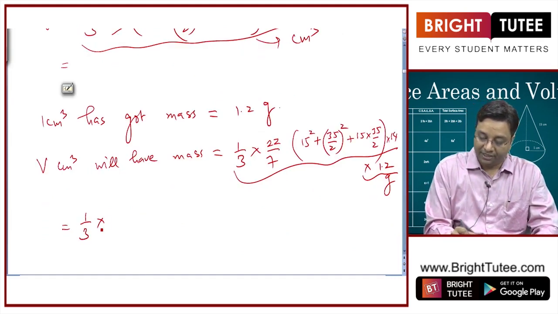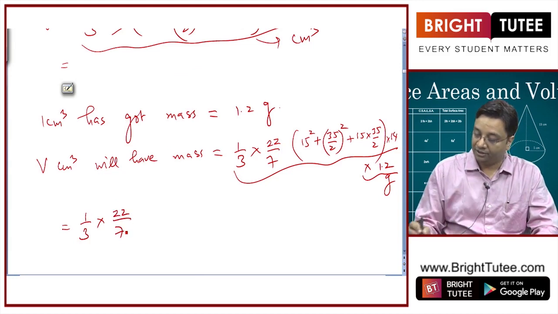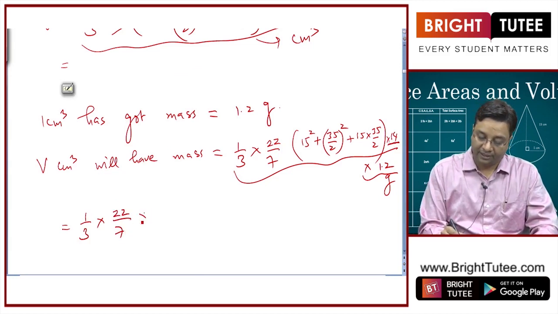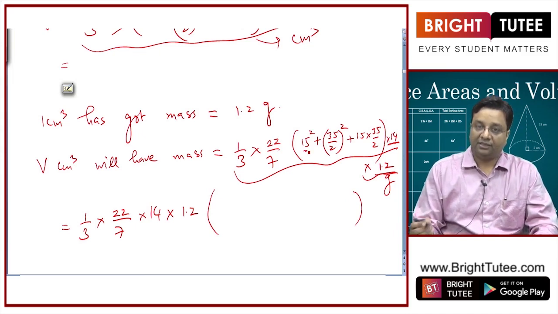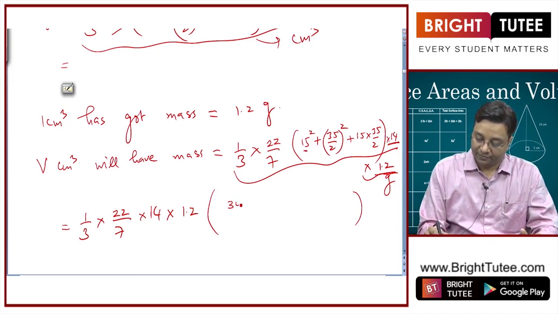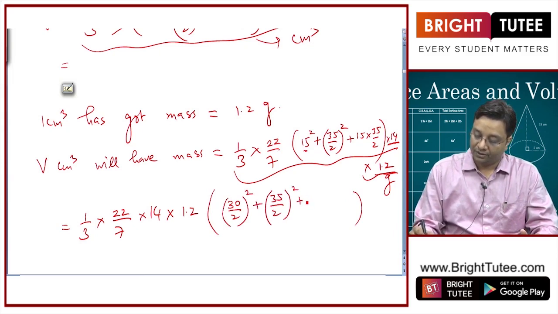Let us see if we can make it a little simpler. 22 by 7. I will write this 14 here and this 1.2 here into, if I write 15 as 30 by 2 again, this is 35 by 2, this is 30 by 2 into 35 by 2.